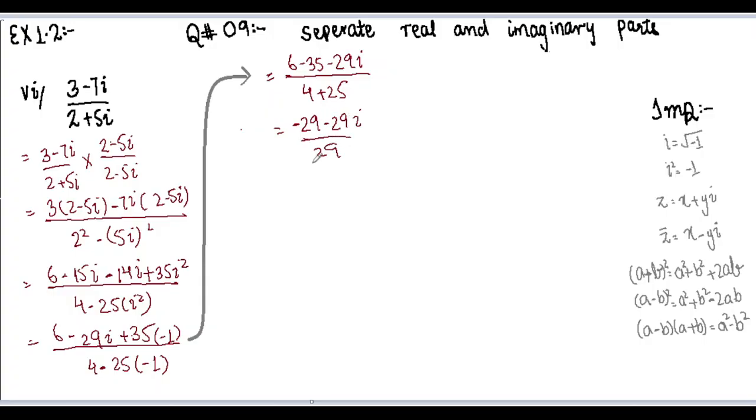So now taking 29 as common, inside the bracket we'll write it as minus 1 minus iota whole divided by 29. So 29 cancels with 29 and the answer is minus 1 minus iota. Thank you so much.